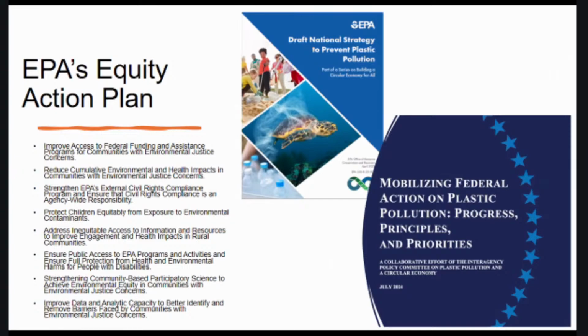In July of this year, the federal government announced a new strategy on mobilizing federal action on plastic pollution with a goal of phasing out the procurement of single-use plastics from all federal operations by 2035, and with an interim goal of reducing or phasing out those single-use plastics from food service operations, events, and packaging by 2027.